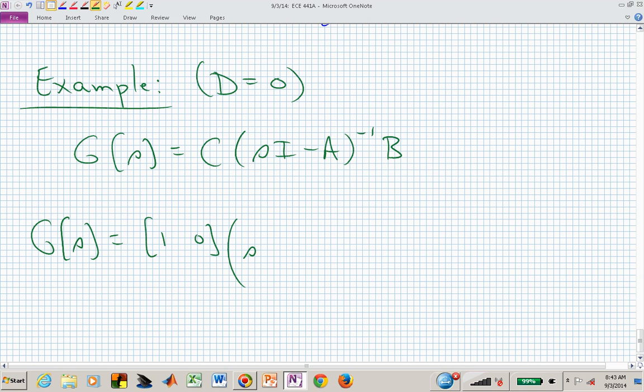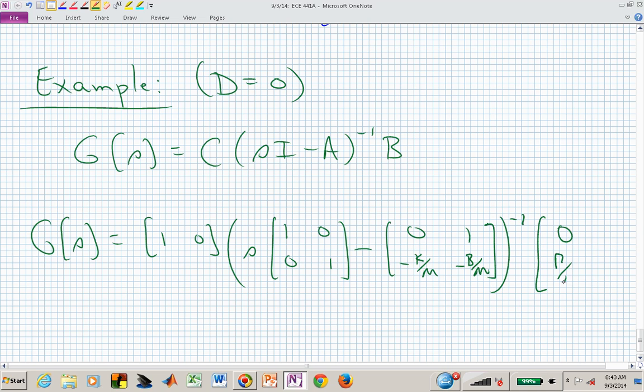That's a 2 by 2. It's an identity matrix. It's 1, 0, 0, 1. Minus A, 0, 1, minus K over M and minus B over M. We need to invert that. And what was B? 0, gamma over M.